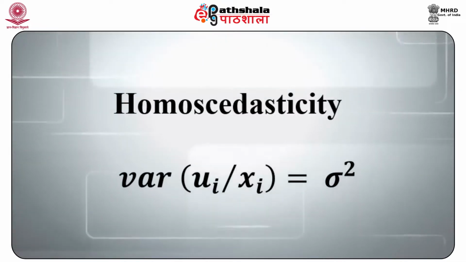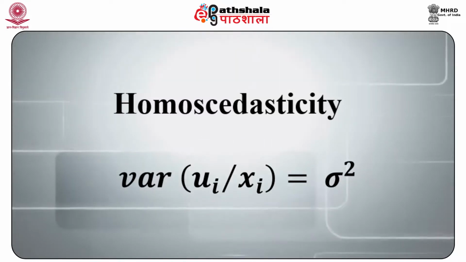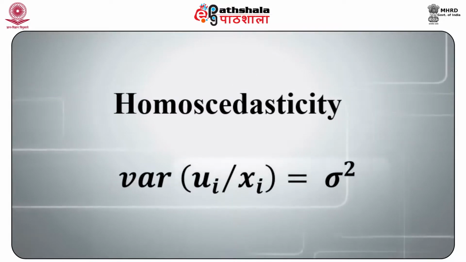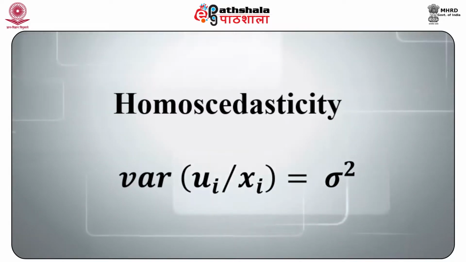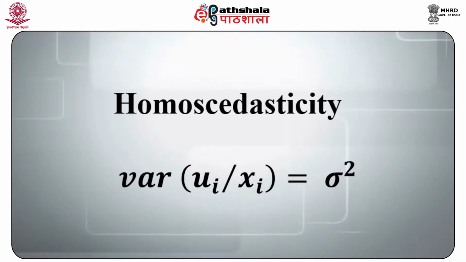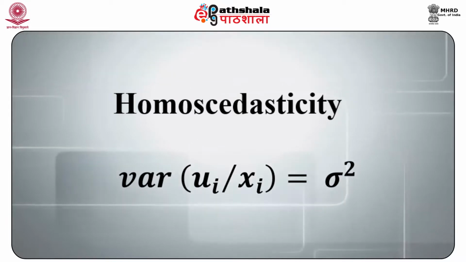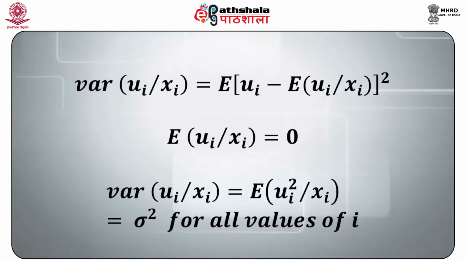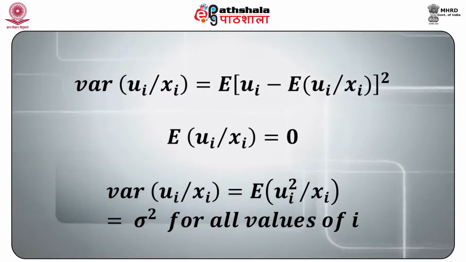Next assumption is the assumption of homoscedasticity, and this assumption means that the conditional variance of the disturbance term given the values of the explanatory variables is the same for all the observations, meaning thereby that variance of mu i given xi is equal to sigma square. By definition, variance of mu i given xi is equal to expected value of mu i minus expected value of mu i given xi, whole square.